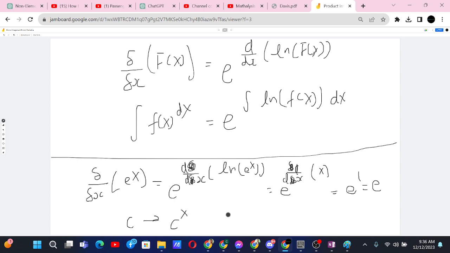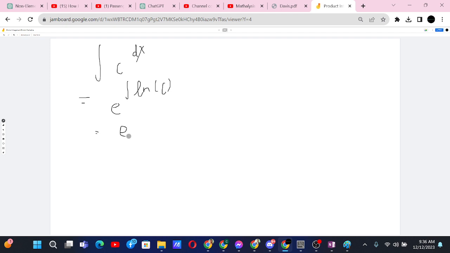Let us check the product integral for c on the next page. The product integral of a constant would be e to the power integral of ln of c, and that gives us e to the power ln c times x.